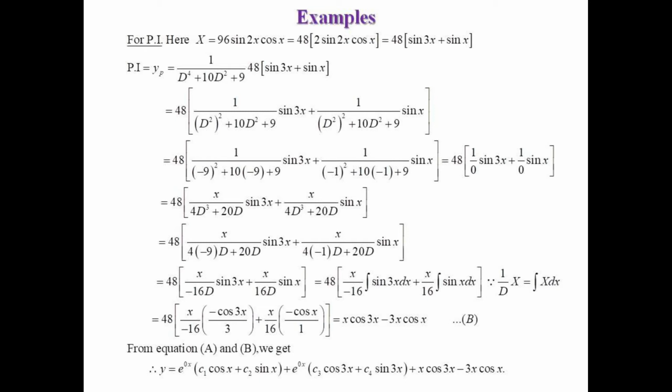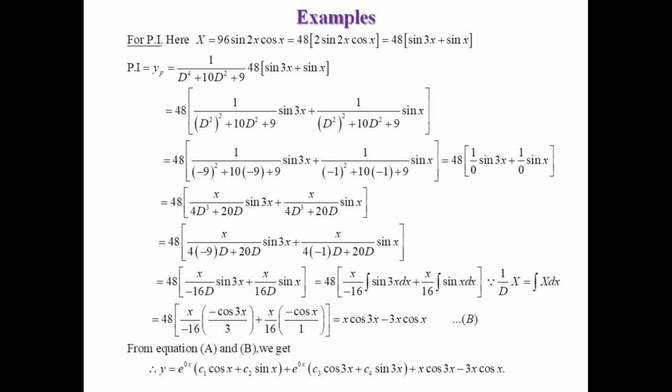In the first term the value of a is 3, so replacing d square by minus 3 square, that is minus 9, we get minus 9 its square plus 10 into minus 9 plus 9, into sin of 3x.